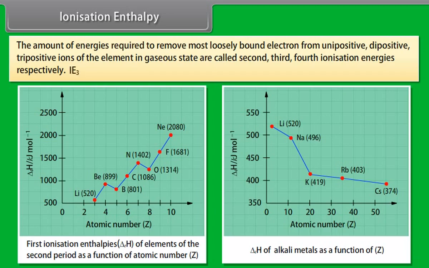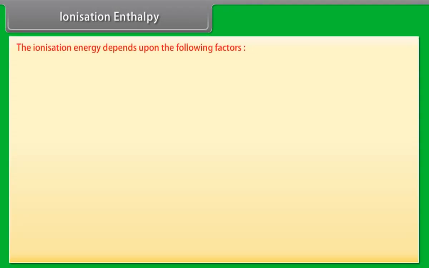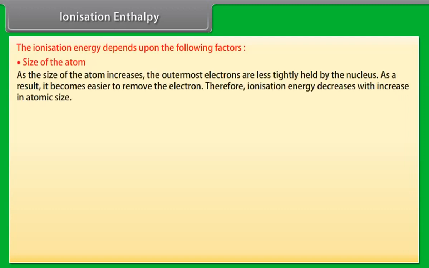Important points. The radius of cation is smaller than that of the parent atom. The radius of anion is larger than that of the parent atom. The ions having the same number of electrons but different magnitude of nuclear charge are called isoelectronic ions. For example, the size of these ions are in the order shown.